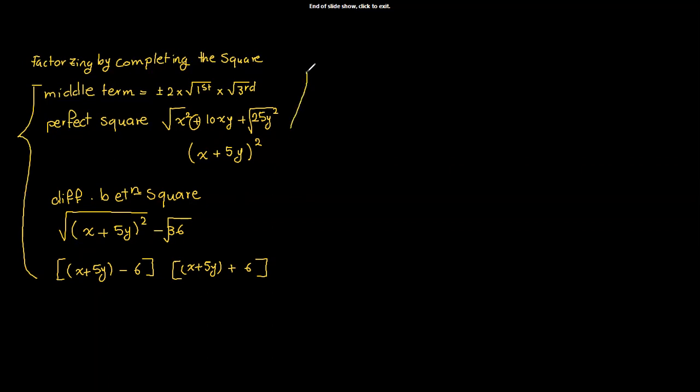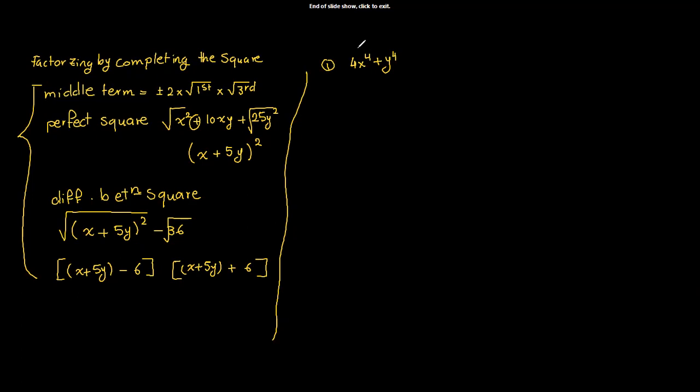So this is how the process of completing the square will be done. To be clear about this information, it will depend on this example. Our first example is 4x to the power 4 plus y to the power 4. We have two terms here that we cannot factorize by using the difference between two squares.